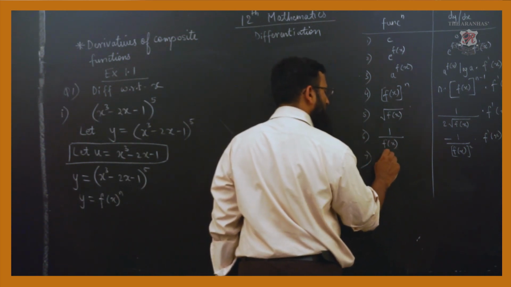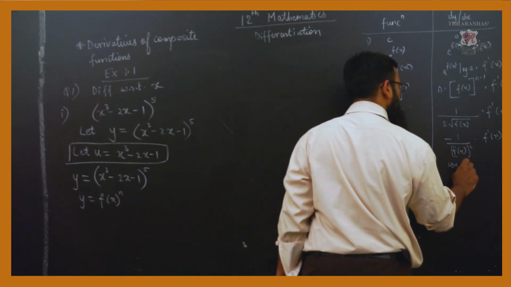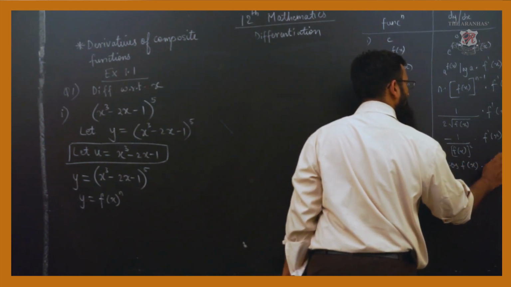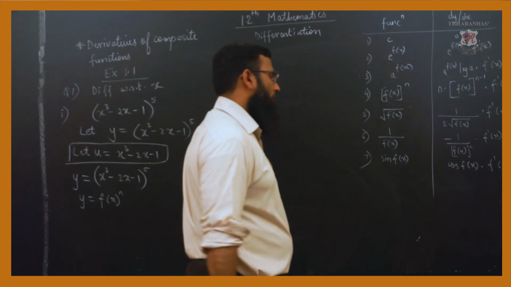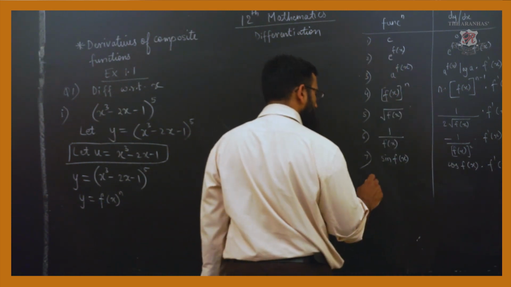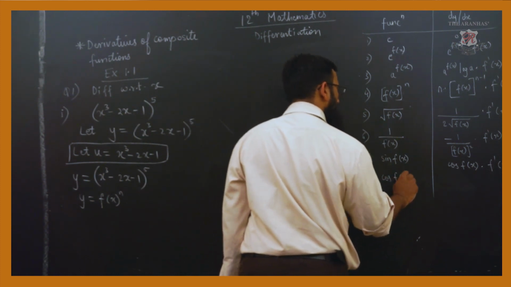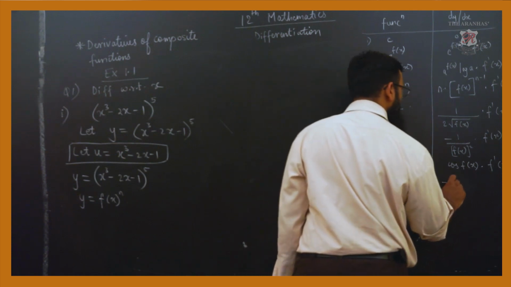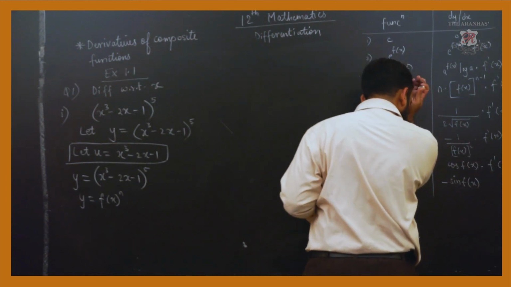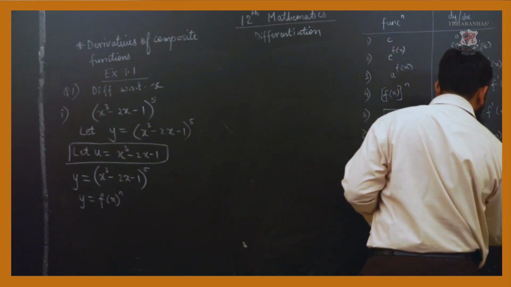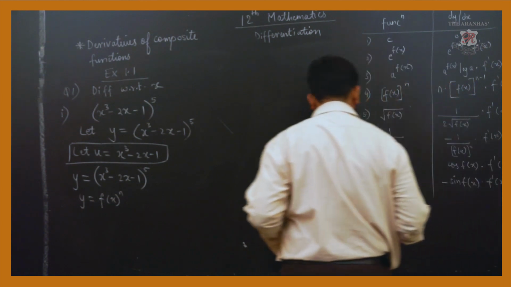Suppose we have sin f(x), the answer will be cos of f(x) into the derivative of the inside function. If you have cos f(x), you will get minus sin f(x) into f dash of x.